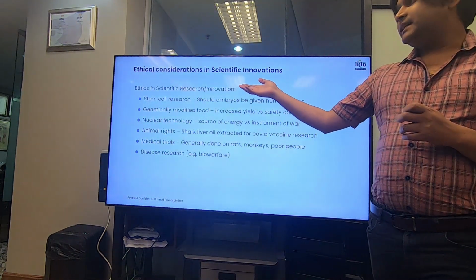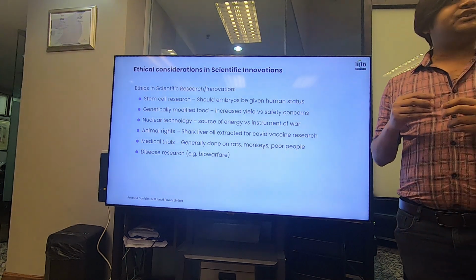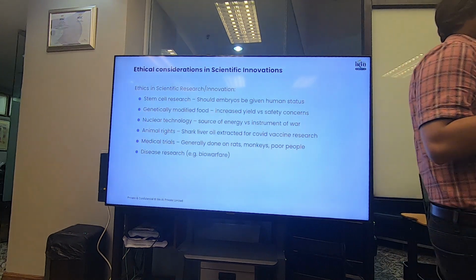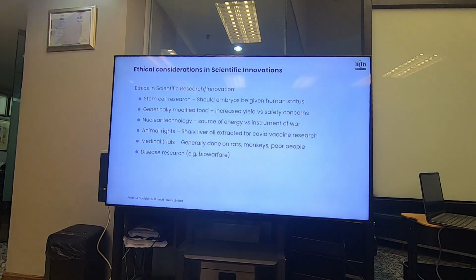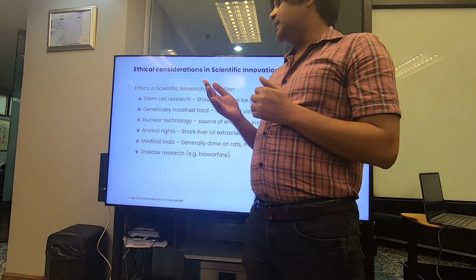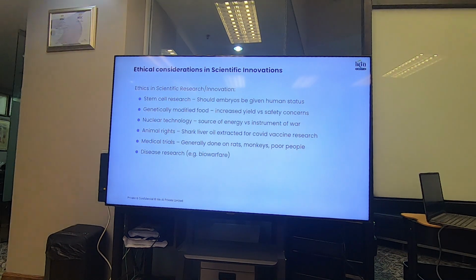For example, in stem cell research, stem cells are cells that are extracted from embryos, and then they are transplanted to patients who are maybe cancer patients or heart patients. So for treating them, stem cells are transplanted in them.